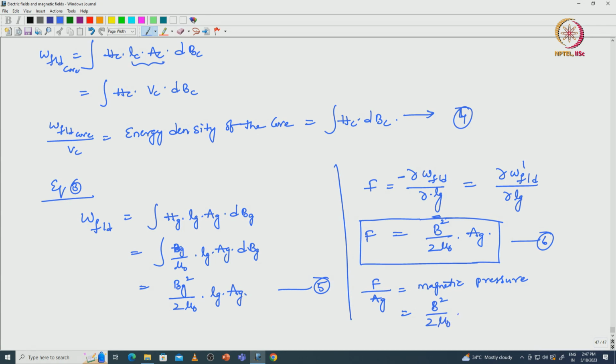Next we will discuss the multiple winding excitations. Here the unit for force is Newton, and the unit for magnetic pressure is Newton per meter square.